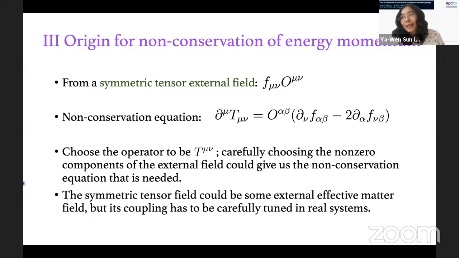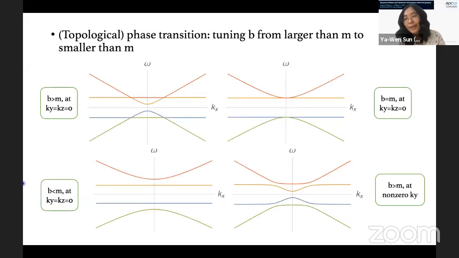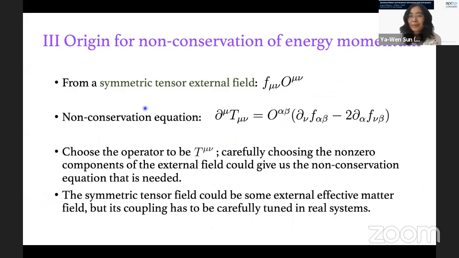And then if we modify this hydrodynamics to make it weakly non-conserved, we could modify the spectrum into this kind, and the system would become a topologically non-trivial gapless system from this topologically trivial one. And here we have emphasized that it has to be symmetry protected. So this is what we have up to now.